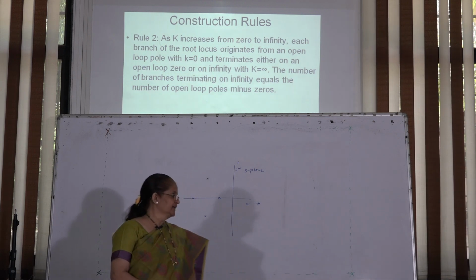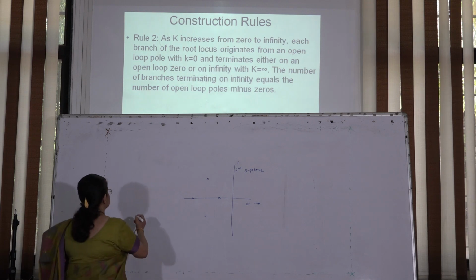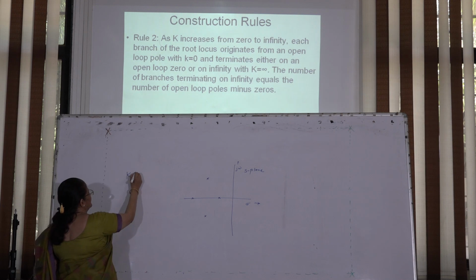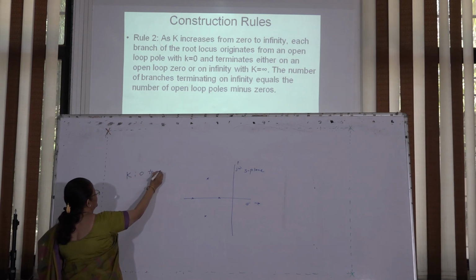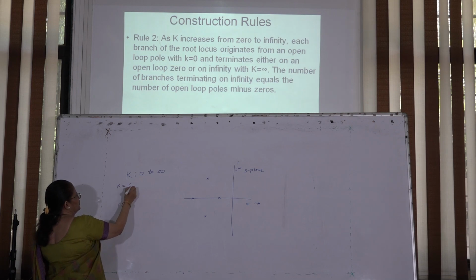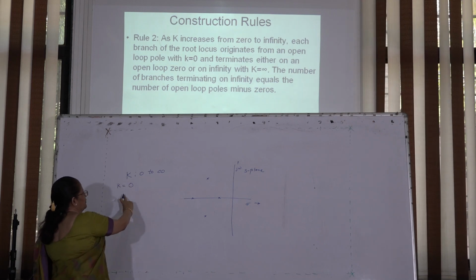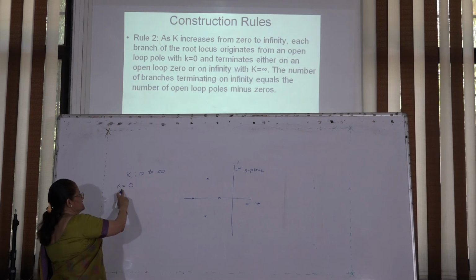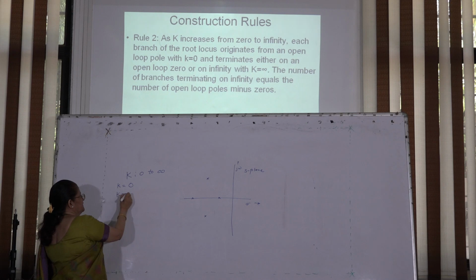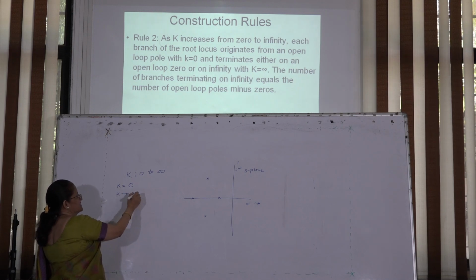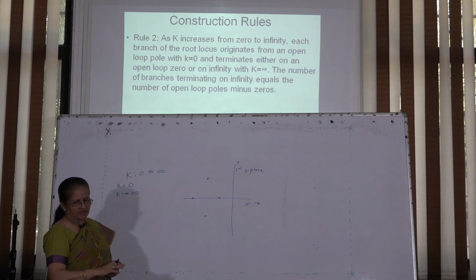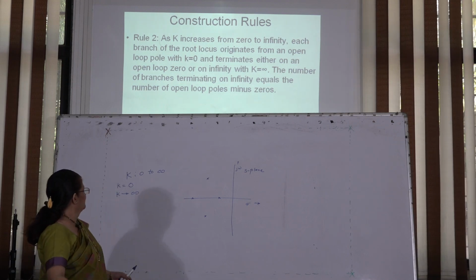Here the parameter that is changing is the system gain k, and it varies from 0 to infinity. So, when k is 0, the root locus starts from open loop poles. As k tends to infinity, it reaches the zeros or goes to infinity. I will try to explain the meaning of this.